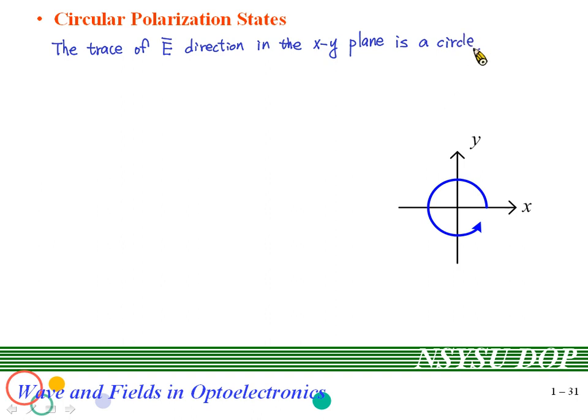To have such kind of polarization, we have to satisfy two conditions. The first condition is that the amplitude of Ex and the amplitude of Ey should be equal to each other. That is, Ax should be equal to Ay, and we can define these two as A.